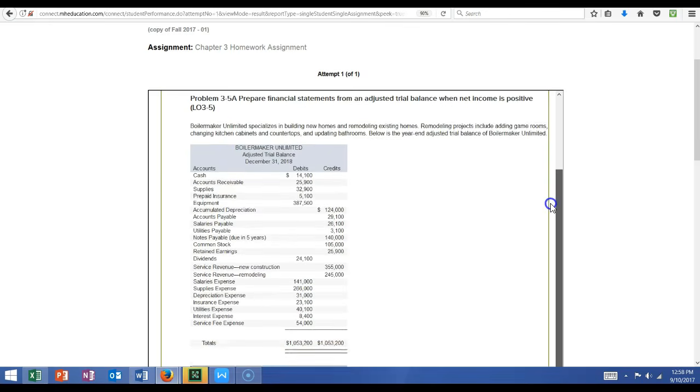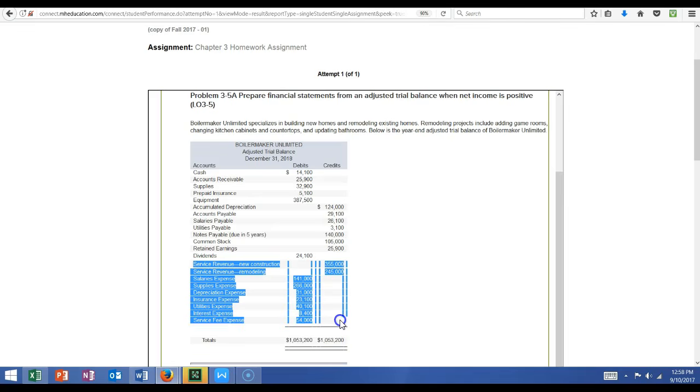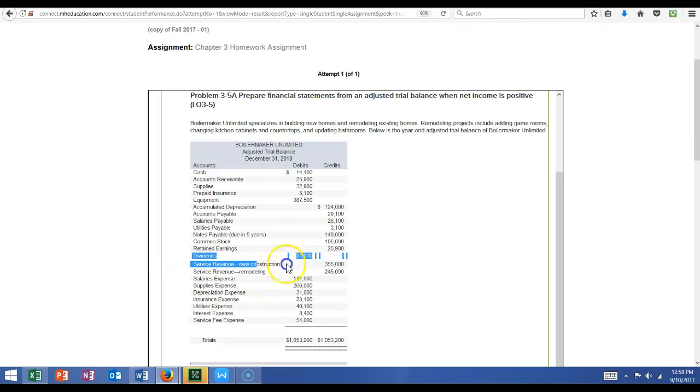Everything. Now remember, the revenue and expenses are only on the income statement. We don't mess with that on a balance sheet. We don't mess with dividends either, because that's part of our stockholders' equity. Our common stock and retained earnings are also part of our stockholders' equity. We're deriving those numbers. But every single thing else we can use for our balance sheet.